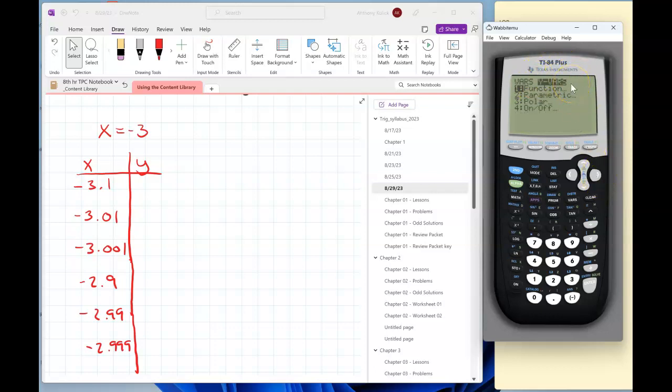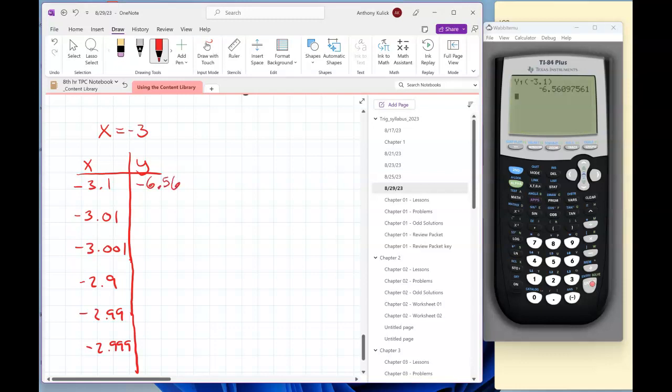Currently our calculator is in function mode, so I'm going to select function. And there's the y1. So I'll press enter to select that. And then I'll say, okay, y1 of negative 3.1, just like I would for a function notation. And there's my number, negative 656.